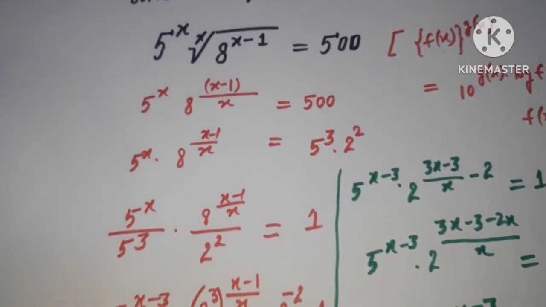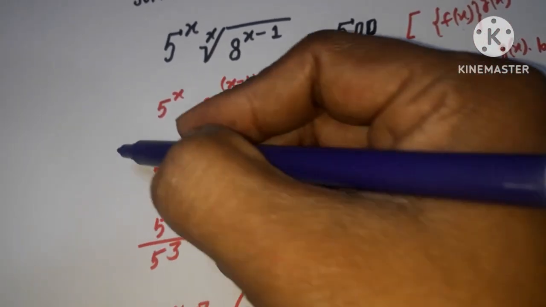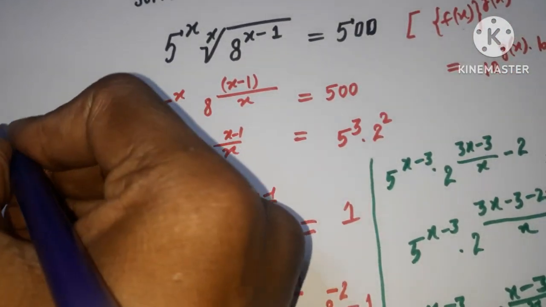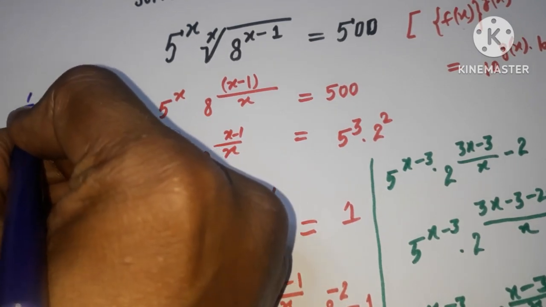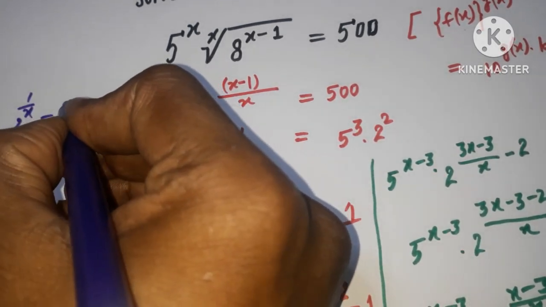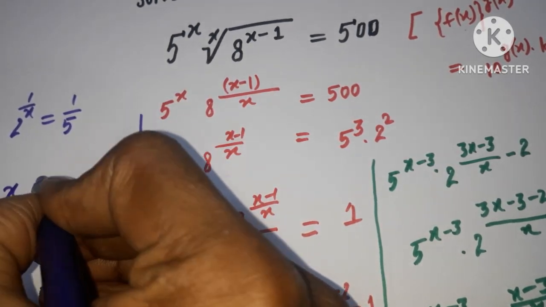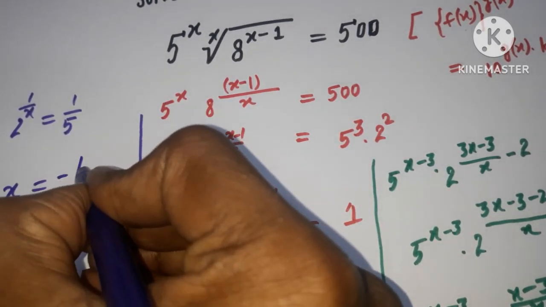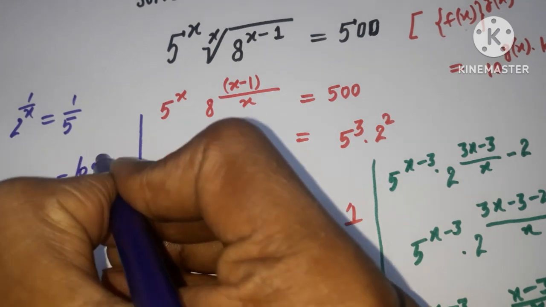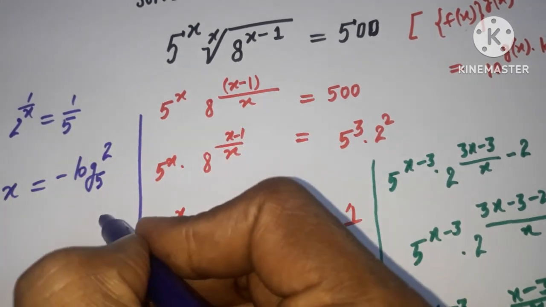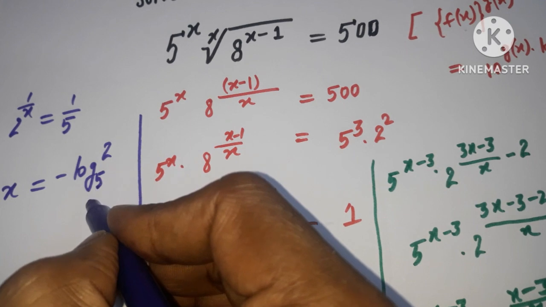Therefore we can write 2 to the power 1 upon x is equal to 1 upon 5. So x is equal to minus log 5 base 2, that is minus log base 2 of 5.